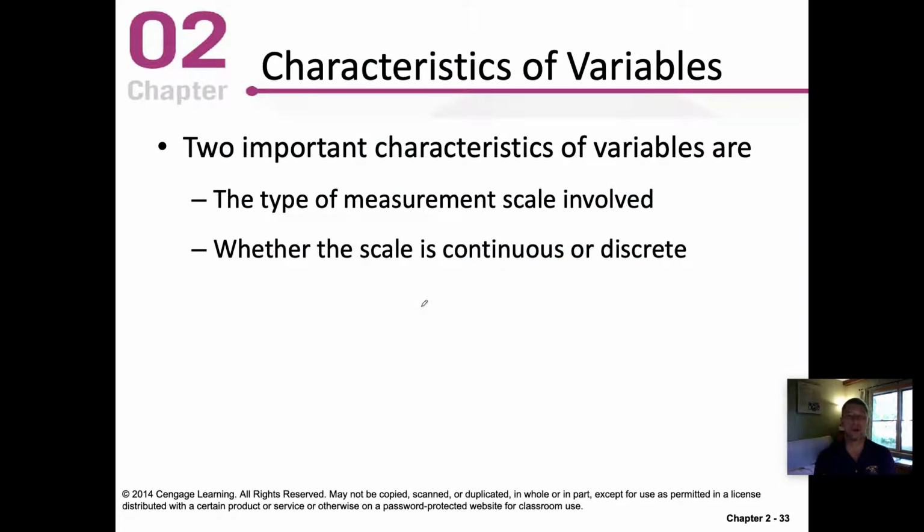Okay, so the two most important characteristics of variables are first, what type of measurement scale is involved? What are we using here in order to base our conclusions on? And finally, whether the scale is continuous or discrete. Now, in terms of the types of measurement scales, we're going to go into detail on all of these things, by the way.